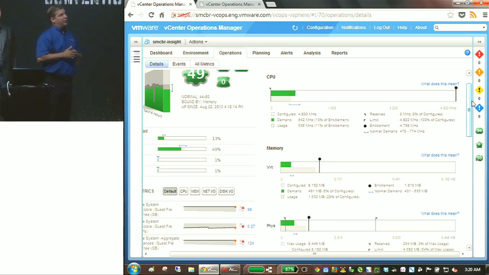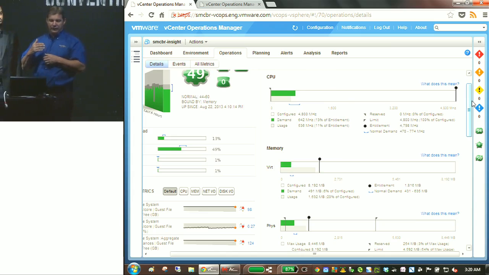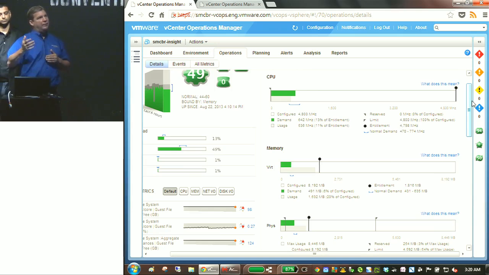It's one of those metrics that if you express it simply as the amount of memory that the VM wants, or the amount of CPU that the VM wants, then that's easy to grok. If you say, okay, it's the amount of usage plus contention, then it doesn't work here.